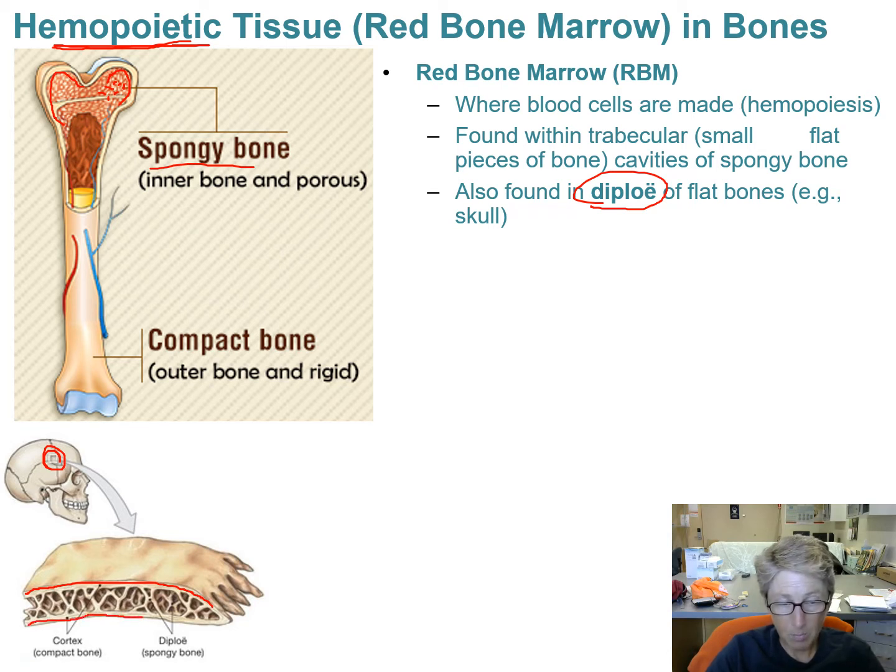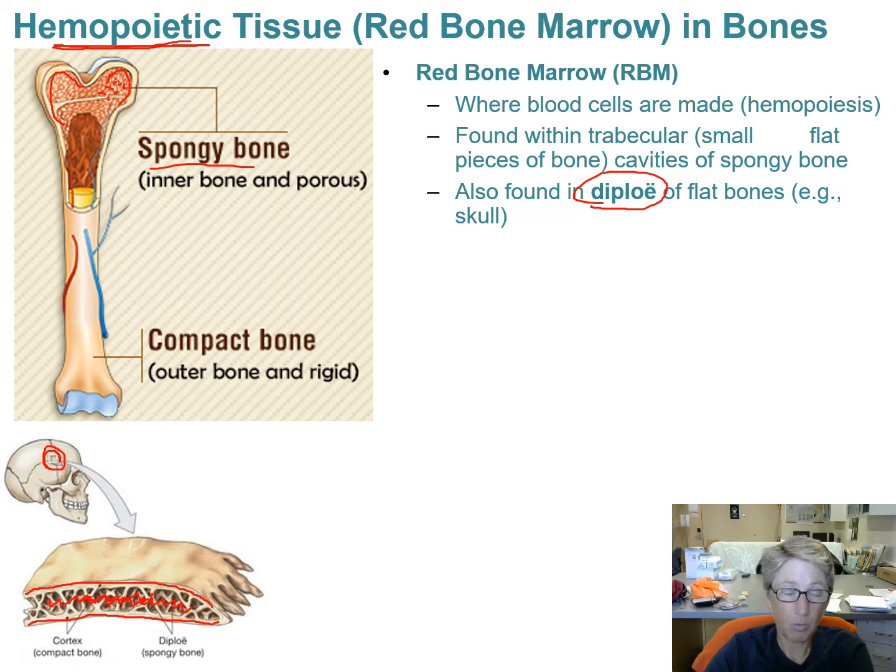Here's the other piece of bread, that's compact bone. And then all the good stuff, if it's a veggie sandwich, all the bell peppers and carrots and lettuce, would be this stuff on the inside, which is spongy bone, but because it's in this certain arrangement called a diploe, the spongy bone is called the diploe.